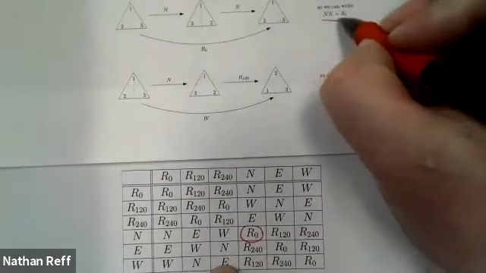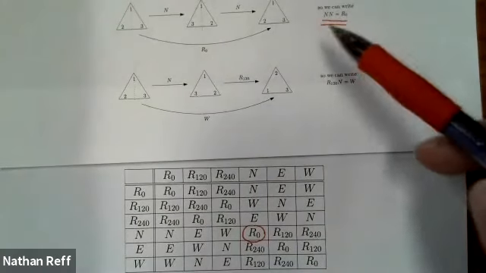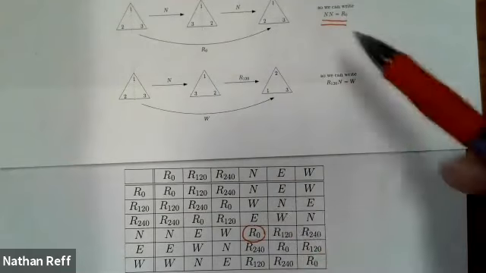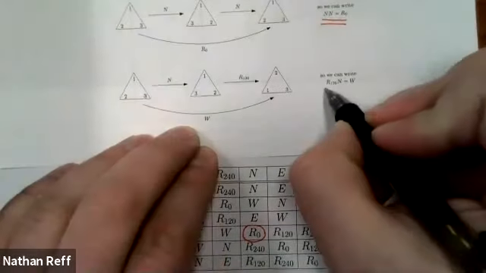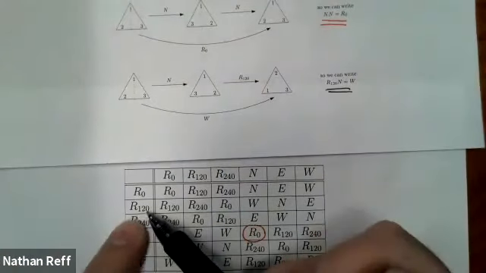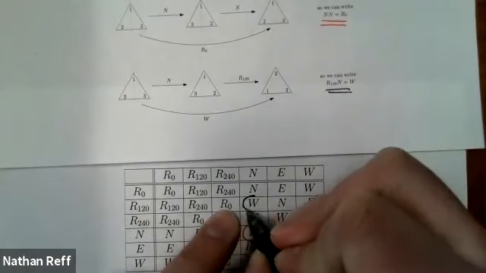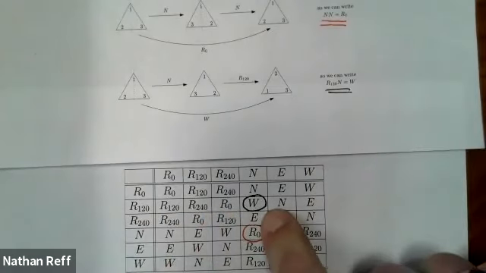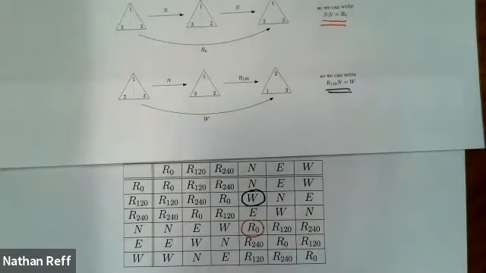So you can use some color pencil or pen to denote this. So that's where it appears in the table. And then this one, let's do R120 by N. So R120 followed by N will give us this W. And you could sit down and try to draw all 36 of those, but I'm giving you the answer right here by filling in this table.